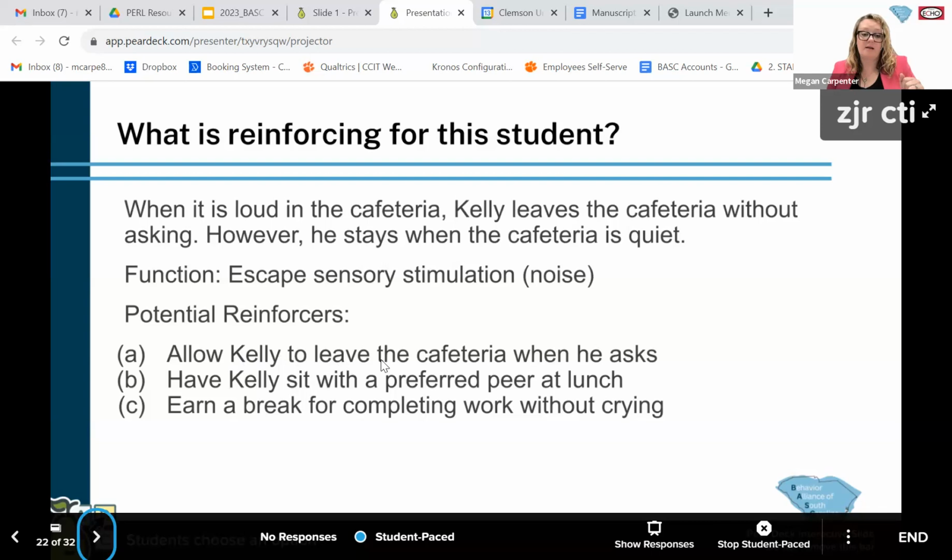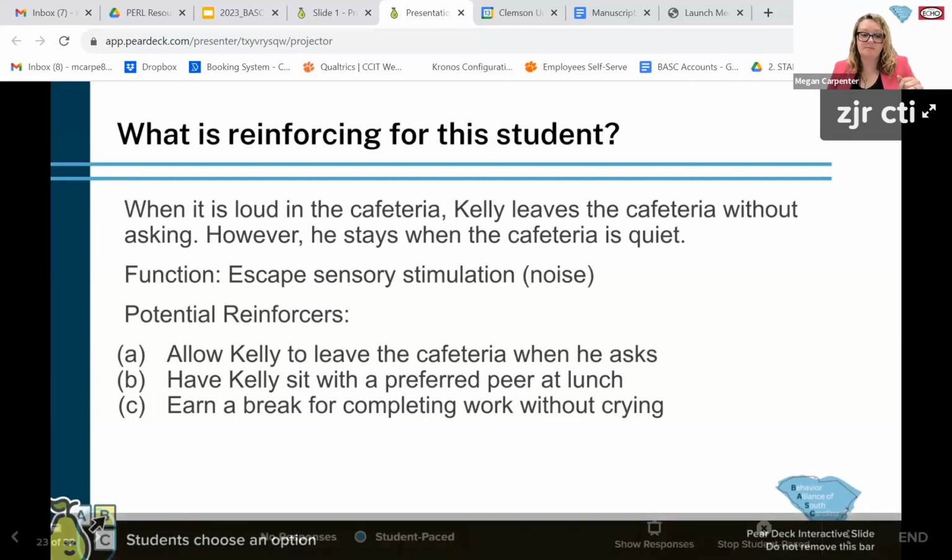Or we could allow Kelly to leave the cafeteria when he asks, which, yes, would allow him to escape in a more appropriate way. We'd also know where he is, so we're not worried that we don't know where Kelly is. So if we allow him to leave when he asks, it's one, more contextually appropriate because we know where he is, and two, we can match the function of his challenging behavior to escaping those loud noises in the cafeteria.